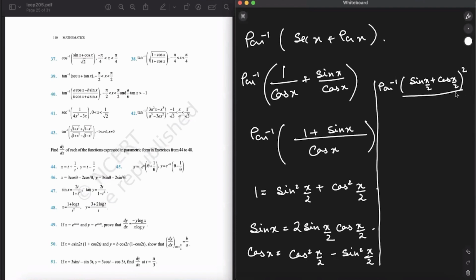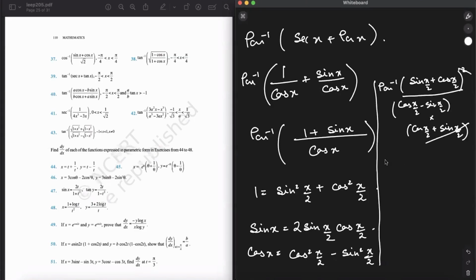And it is divided by cos square x by 2 minus sine square x by 2, that means cos x by 2 minus sine x by 2 multiplied with cos x by 2 plus sine x by 2.